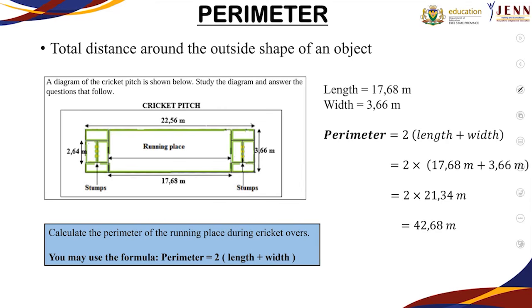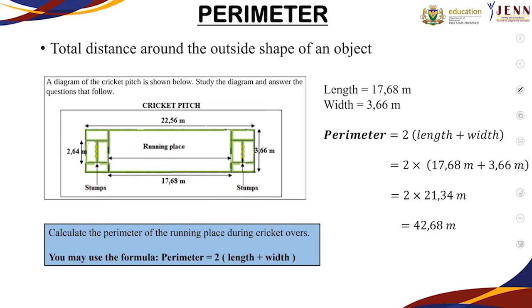All right, what do I mean by the outside shape? When you used to be in primary, they used to teach you to trace around the object. And that is what perimeter is. Basically, you are just tracing around your object. And every time you keep on hitting a corner, you are adding and adding and adding.